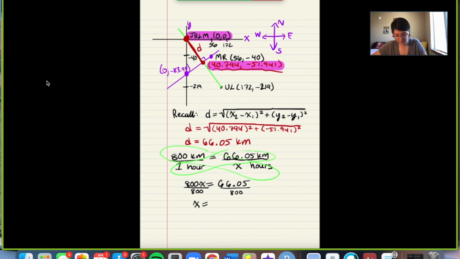So x, if we type this into our calculator, we get 0.083. So it'll take us 0.083 hours to get to the closest point to Mount Rainier.